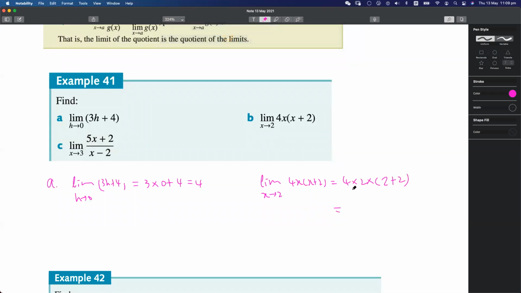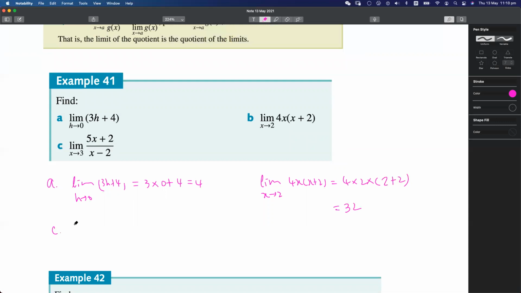So you have 4 times 2, 8. Oh no, here. 4 times 2 is 8, 8 times 4. It's not times 2. We're multiplying by 4. So it's equal to 32.